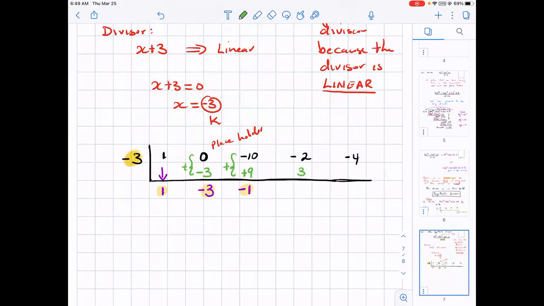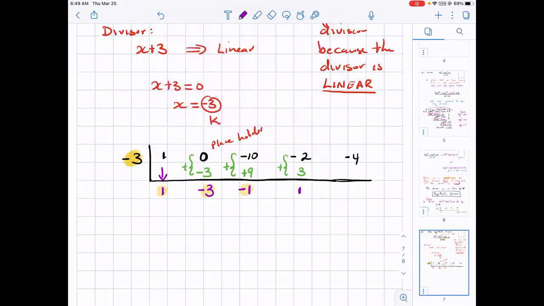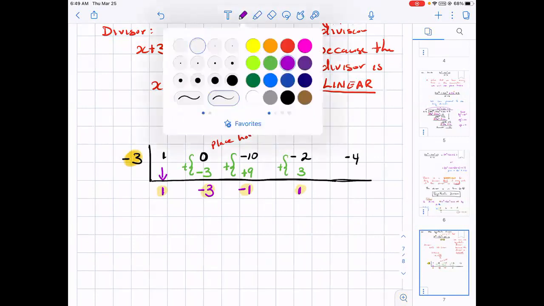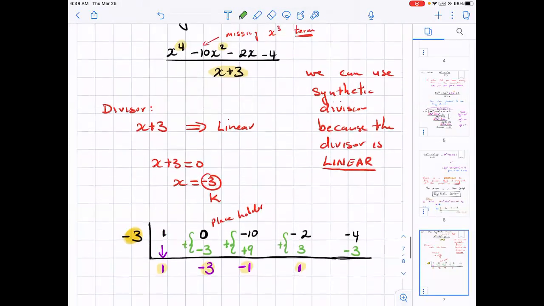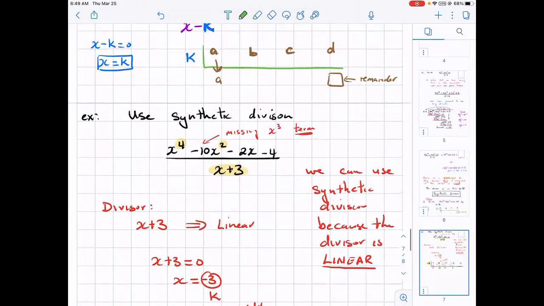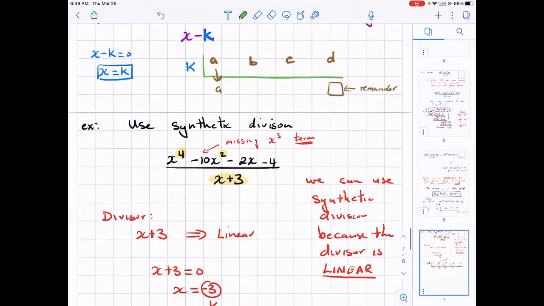Okay? And we add again. We always add. Negative 2 plus 3, that becomes positive 1. And we multiply again. 1 times negative 3 becomes negative 3. Okay? I believe that was a positive 4. No, that was a negative.